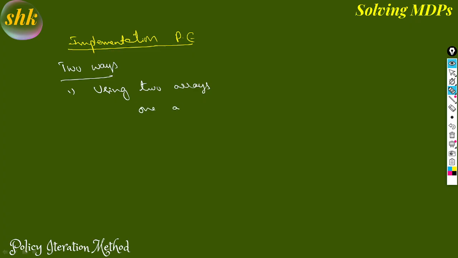One array is for storing the old value function vk of s. The second array is to hold the new value function vk plus 1 of s. So this is called the out of place implementation.